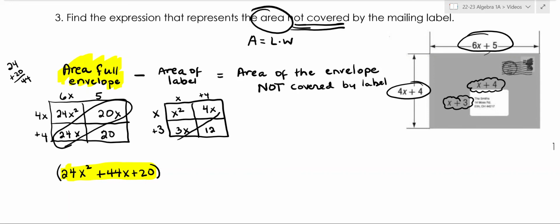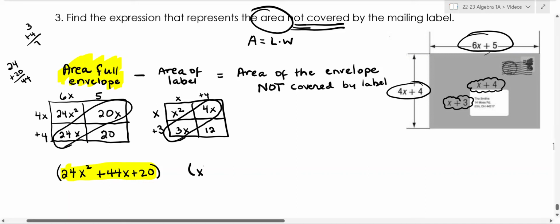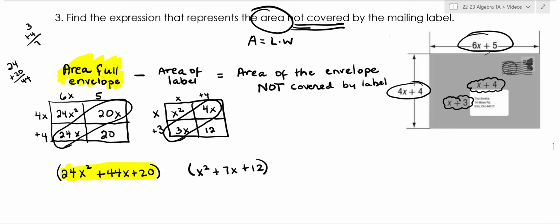And these are like terms. 3 plus 4 is going to give us 7x. So combining the terms, it's going to be x squared plus 7x plus 12. And this is the area of just the label.